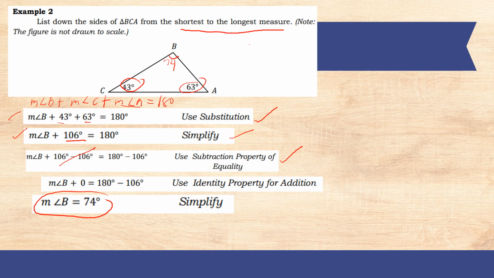So, angle B is the largest, followed by the second largest angle, angle A, and then the smallest angle is angle C. From there, since angle B is the largest angle, the side opposite to it is the longest side. So side AC.